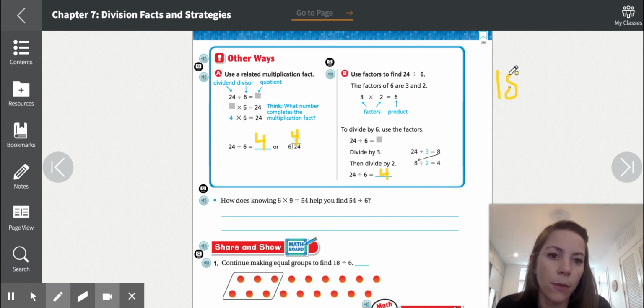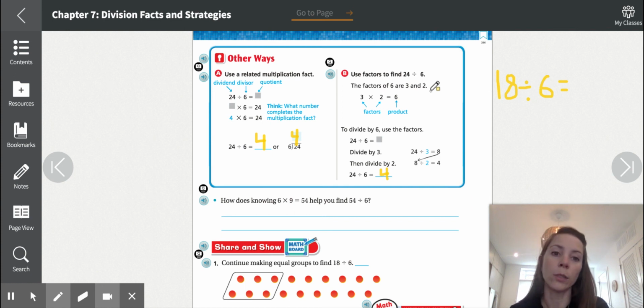So write that one down. And instead of dividing by 6, could you use the factors of 6 and do 2 steps here? So see if you can try that yourself. Pause the video, come back after you've tried it, and here's the steps that might help you.